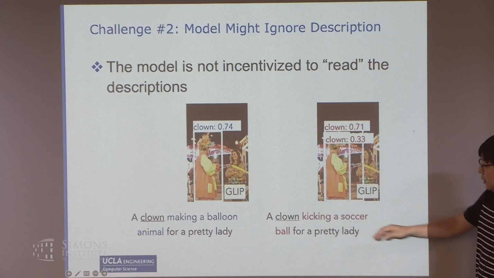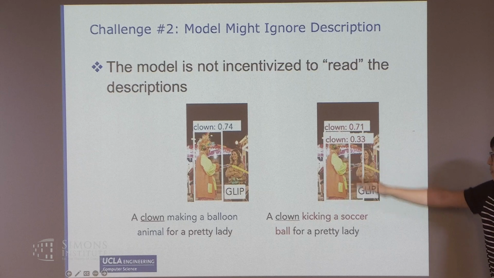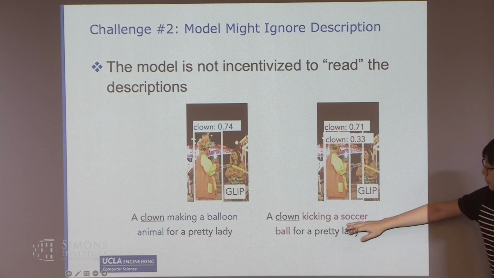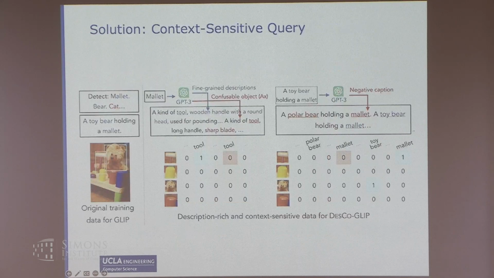But when you say a clown kicking a soccer ball, it still recognizes that clown, because it says, I know a clown, I know this is the one you want to recognize. But it basically ignores all the description. So to solve that issue, we need to build some queries that are more context sensitive. And this is actually very important. I will show you that it can be applied in many other cases later.